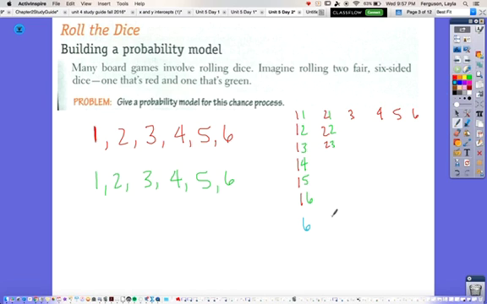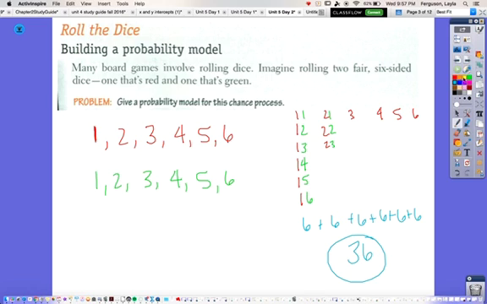So basically I would have 6 if the red was a 2, 6 if the red was a 3, 6 if the red was a 4, 6 if the red was a 5, and 6 if the red was a 6. If I add all of those possibilities up, 6 plus 6 is 12, plus another 6 is 18, plus another 6 is 24, plus another 6 is 30, plus another 6 is 36. In total, there are 36 different possibilities here.